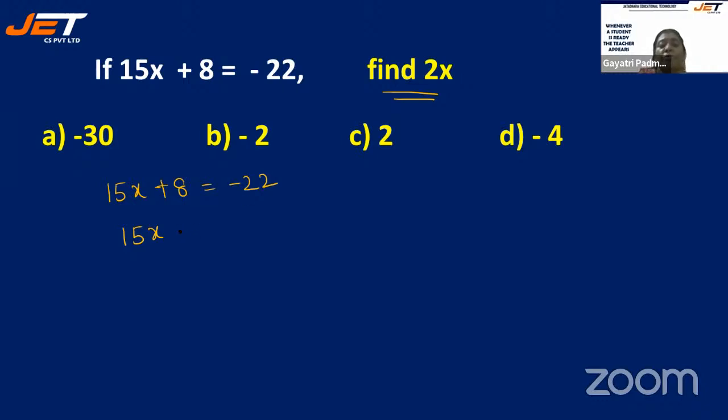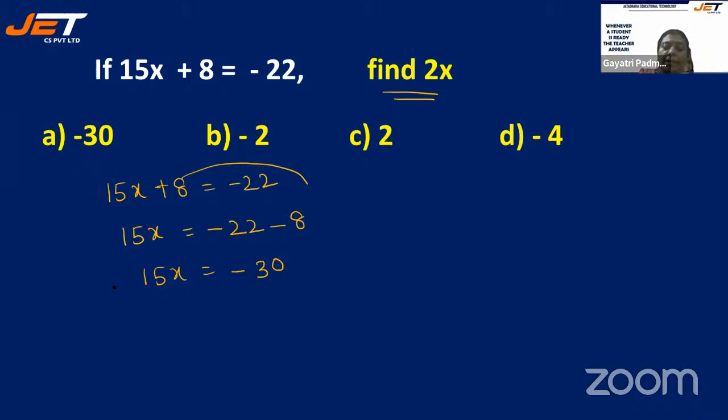So now 15x is equal to, after equal to whatever number is there, that should come. And before equal to, if it is plus, it becomes minus when it travels to the other side. If it is minus, it becomes plus. So here you have plus 8, so it becomes minus 8. So 15x is equal to minus, because you have both the signs as minus, 8 plus 2, 10, 2 plus 1, 3.